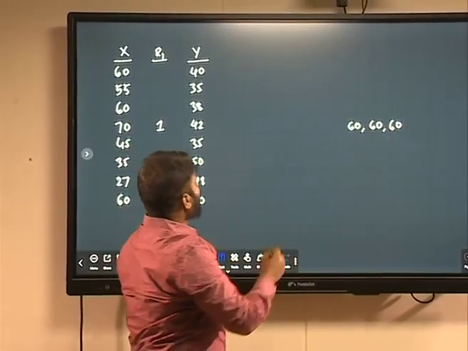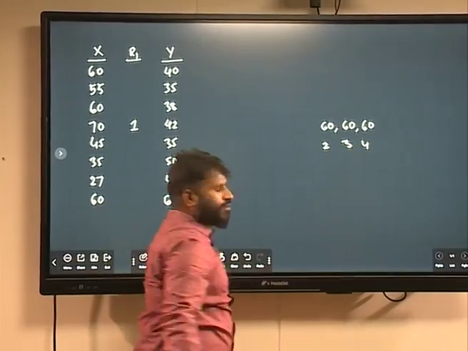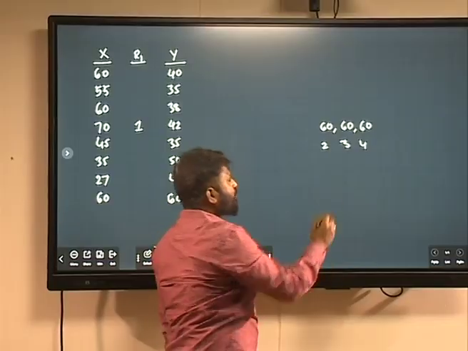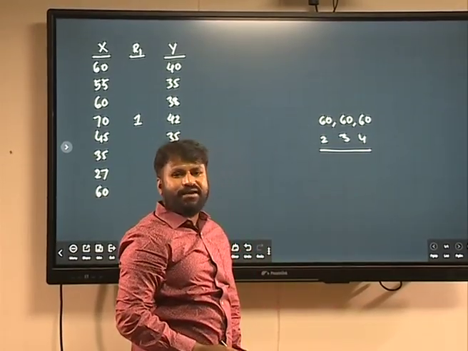It means ranks 2, 3 and 4. So, we have to take these ranks and give the average rank.